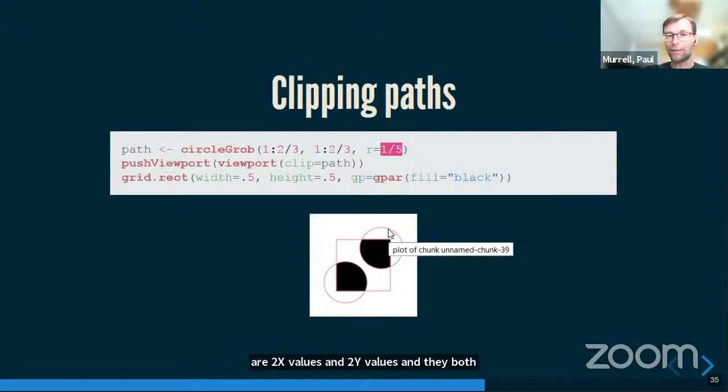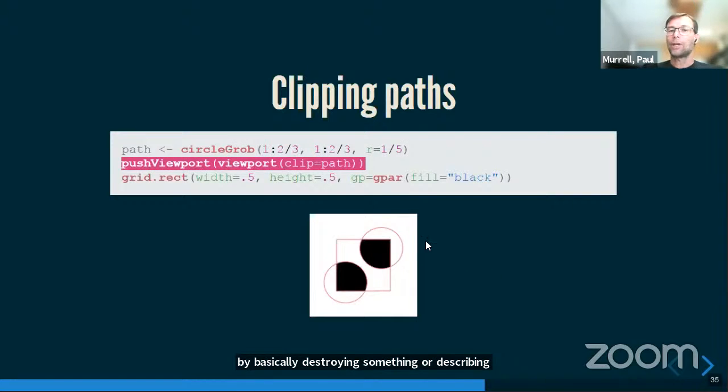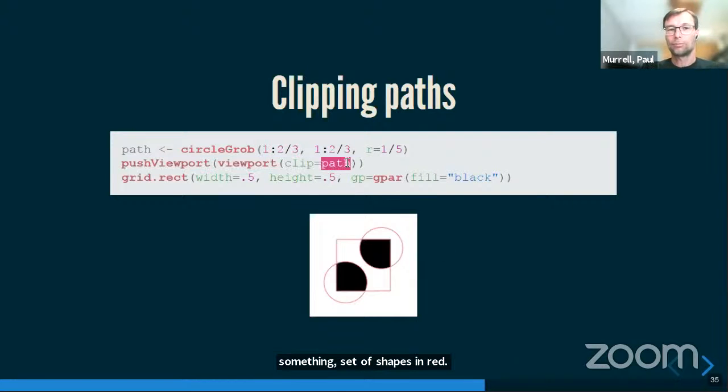That's the clipping path that I'm defining by basically just describing a set of shapes in grid. I then say, let's create a viewport with that grob as my clipping path. And that sets the clipping path to be the inside of these 2 circles.